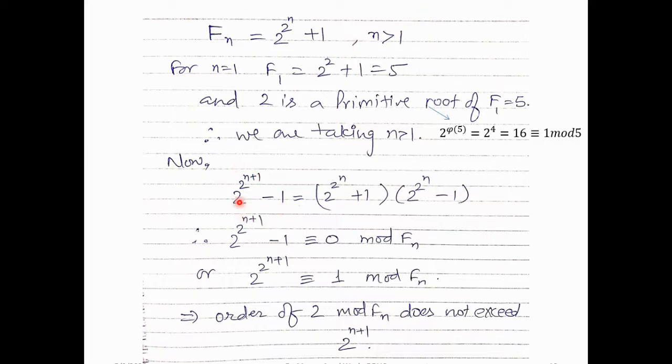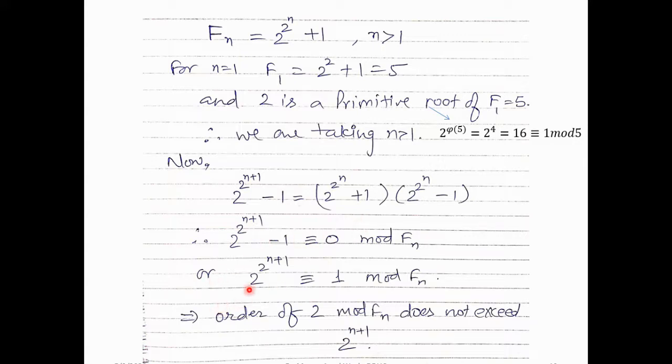Now, 2 to the power 2^(n+1) minus 1 is equal to (2 to the power 2^n) squared minus 1. This is just a squared minus b squared equals (a plus b)(a minus b). So this is your Fn into this. If I take mod Fn, then 2 to the power 2^(n+1) minus 1 will be congruent to 0 mod Fn, because the right hand side will be 0 when we take mod Fn.